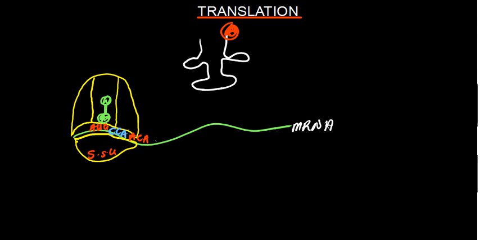Then we said that all the incoming tRNAs will enter the ribosome through the A site, like that. So this tRNA is also going to find itself in the A site there with its amino acid. Then those anticodons will form complementary bonds with this codon which has just been read. That is what will happen.